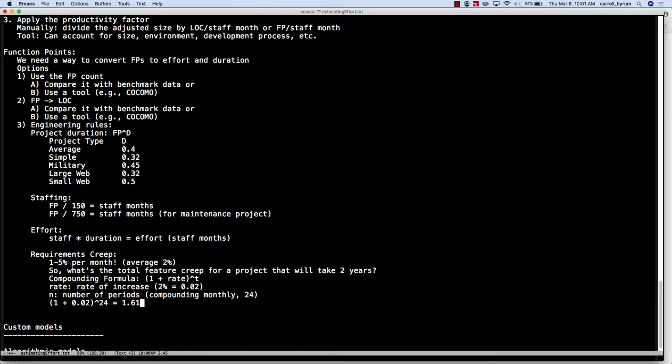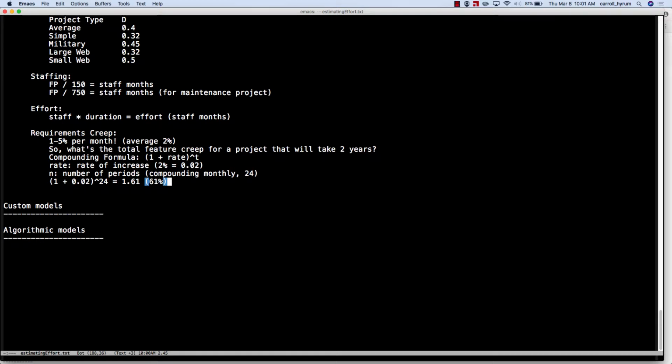So that equals 61% if a feature has a compounding effect on the features.